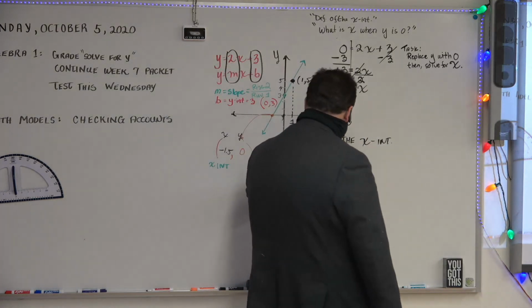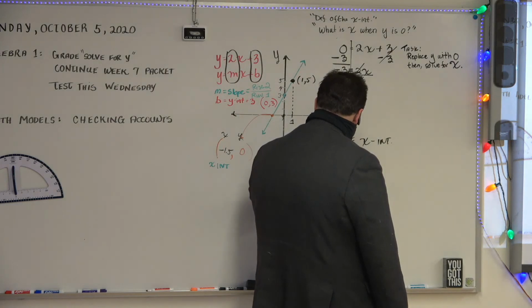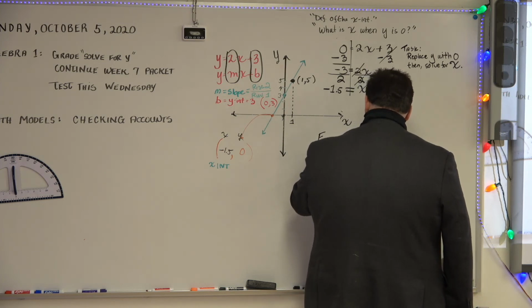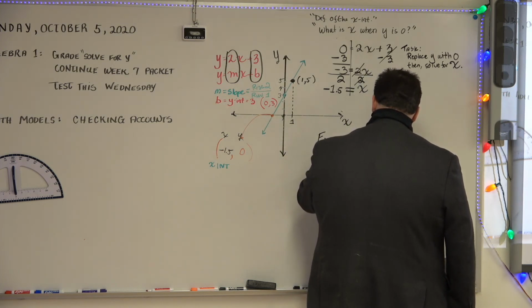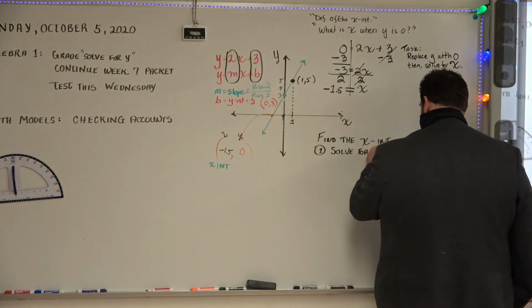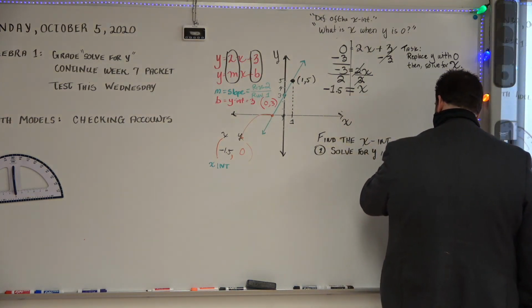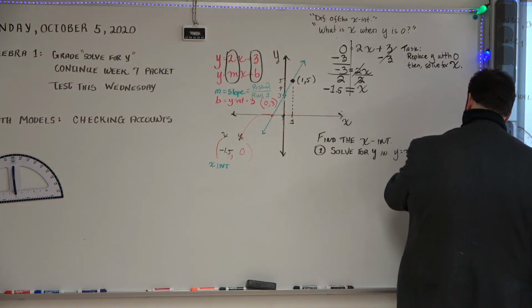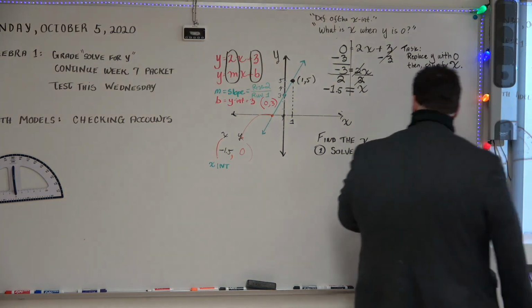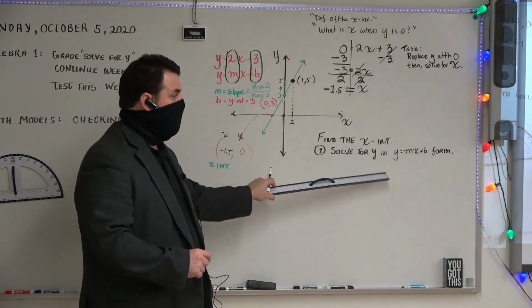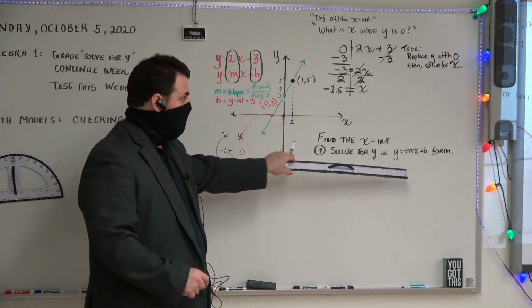Step 1. Solve for y in y equals mx plus b form. So in order to get to the X-intercept, first you have to get to this form.